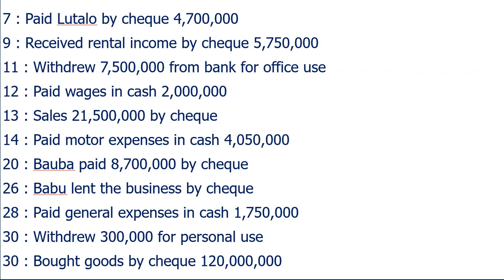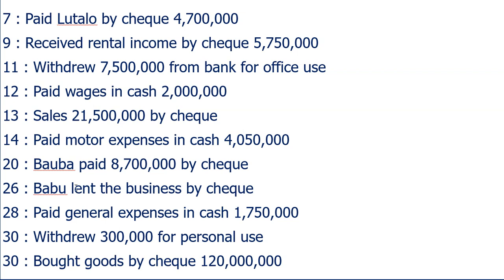Sales 21.5 millions by check. That happened on 13th. Then on 14th, they paid motor vehicle expenses in cash worth 4.05. Then 20th, Bauba paid 8.7 millions by check. Then on 26th, Bauba rented the business by check.